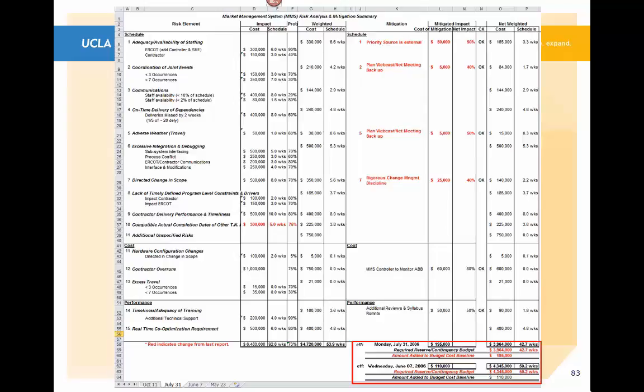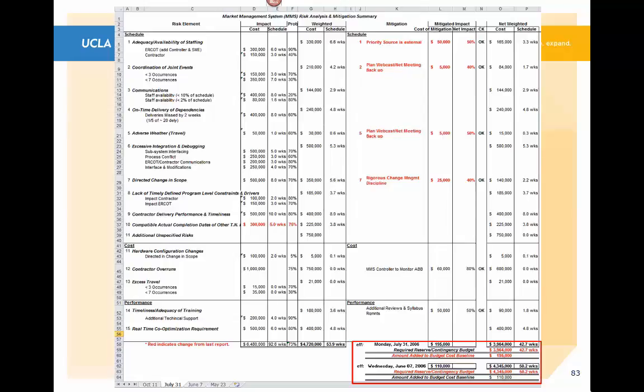For instance, in the June 7th risk assessment summary, we had $110,000 of mitigation costs that we had to put into the budget, and our weighted risk impact reserve had to be 4.345 million and 50.2 weeks.